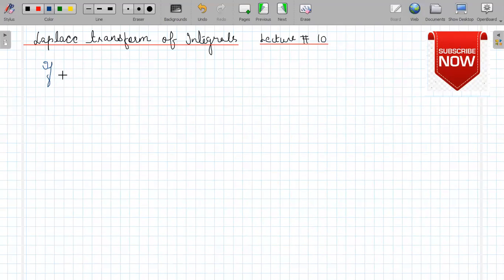If Laplace transform of the function f(t) is f(p), I always denote the Laplace transform of the function by f(p).